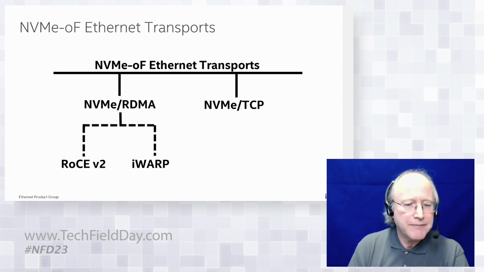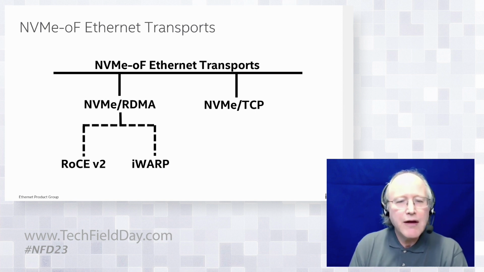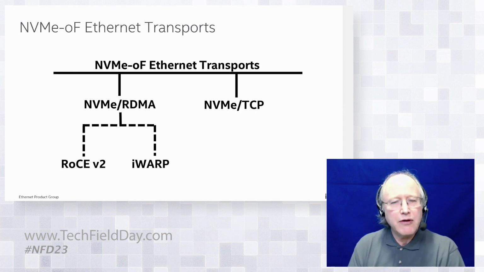In the case of Ethernet, the two predominant ones are RoCE v2, which is a UDP-based, more or less InfiniBand over UDP, and then iWARP, which is based on a TCP transport, with a layer of RDMA logic over the top of it. And then NVMe over TCP is the most recent one that was added, to be able to be used on any type of network, essentially.